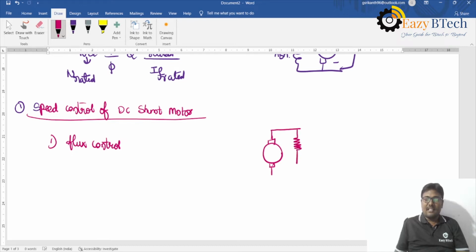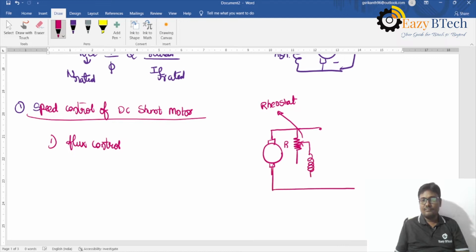I am connecting an external resistance, called the rheostat, which is a variable resistance. Every time you should remember, the armature should be in parallel with the field winding only.